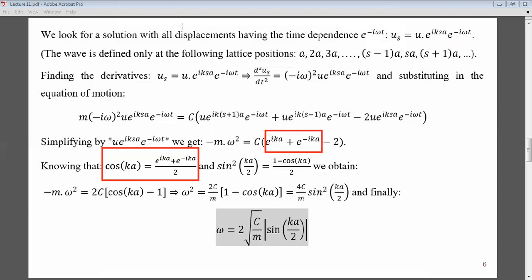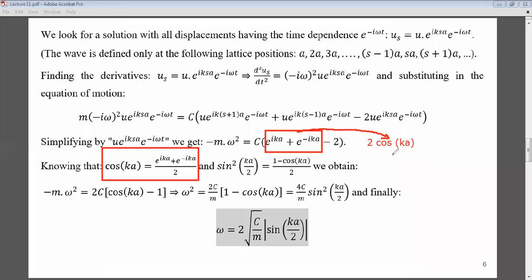So if I plug that instead of it, it will be 2 cosine ka, right? This thing over here, which is e to the ika plus e to the minus ika, will be 2 cosine ka. Okay, then we are going to continue.